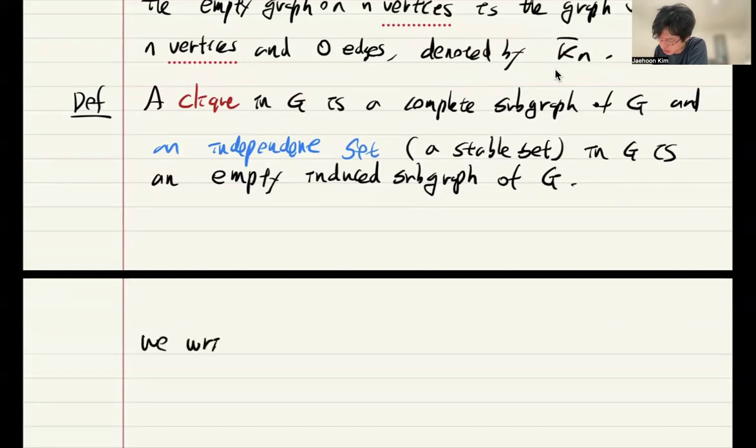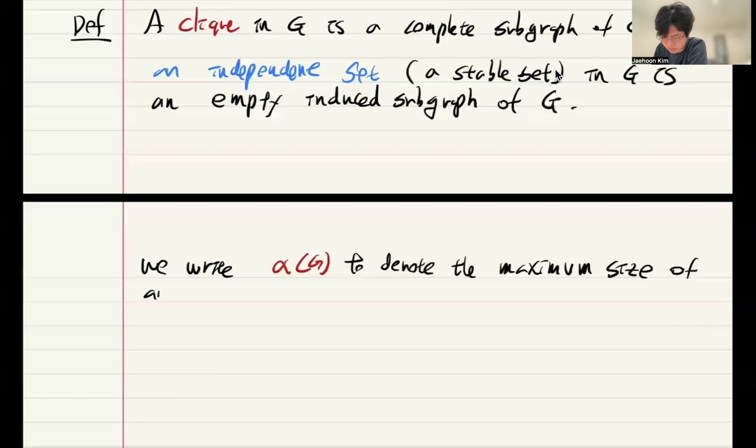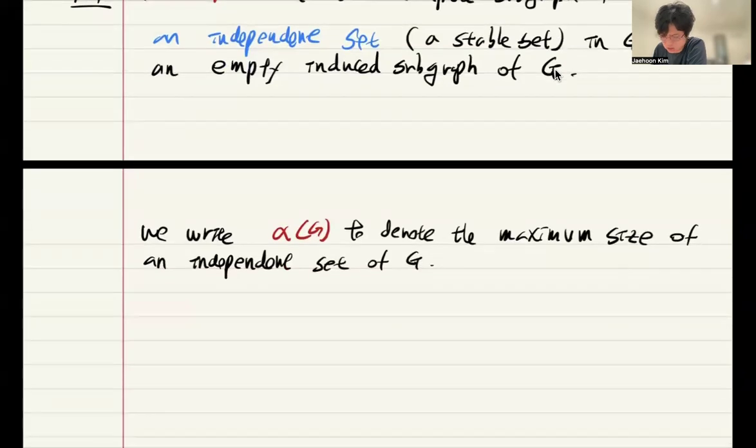And we write alpha of G to denote the maximum size of an independent set of G. And we call that the independence number.